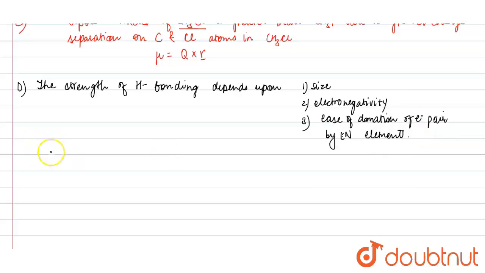So the higher the electronegativity and the smaller the size, the stronger the hydrogen bonding.